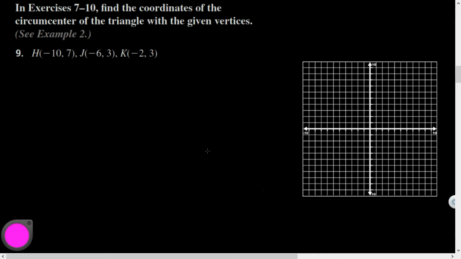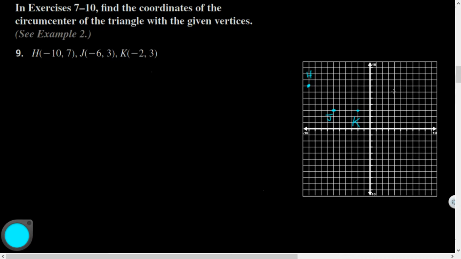Okay, here we go. This one's going to have a little bit more work for us. Let's start by plotting some points. H is -10, up 7. J is at -6, 3. So there's J, and K is at -2, up 3.